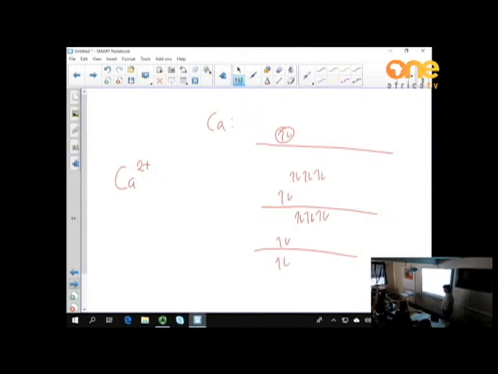So for calcium, the metal, it is going to be 1s2, 2s2, 2p6, 3s2, 3p6, 4s2.